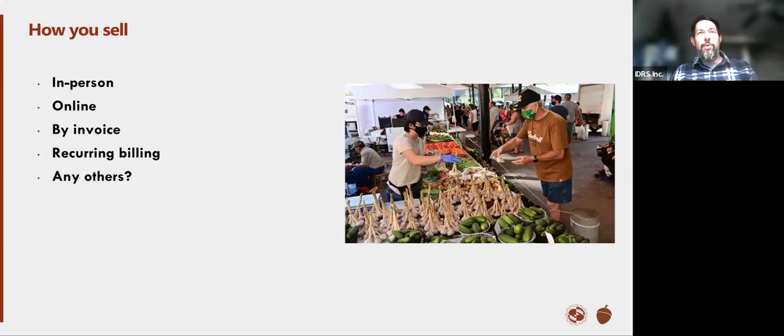One differentiator, because you can do this online as well, is invoicing. And the way invoicing works, I used to work for a company where we sold automotive chemicals and tire supplies, and some people would pay us at the time via a credit card. We carried a reader.